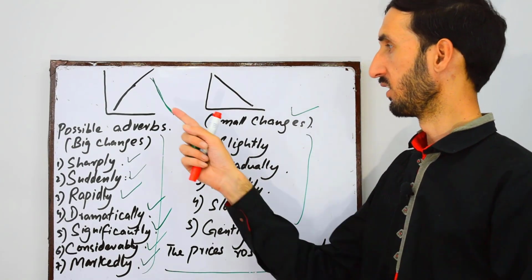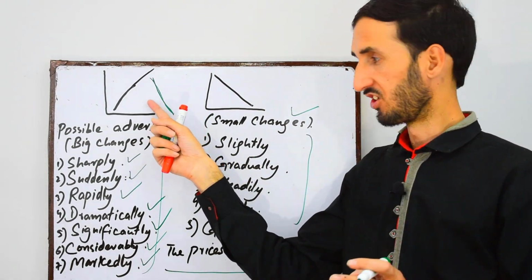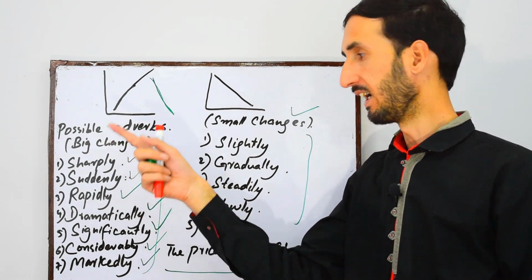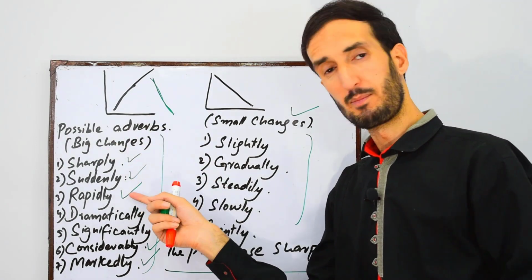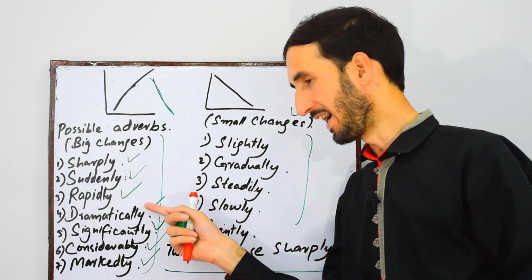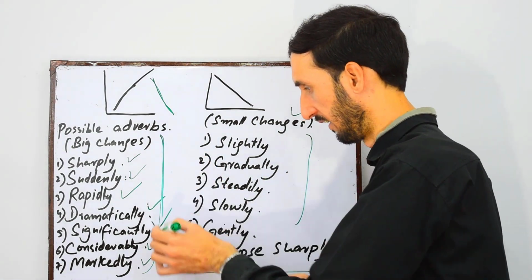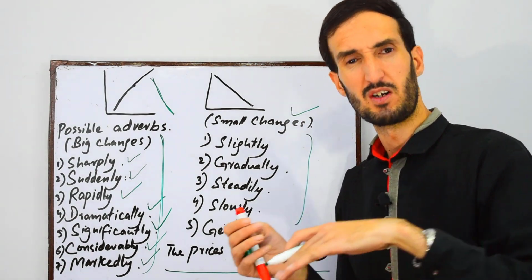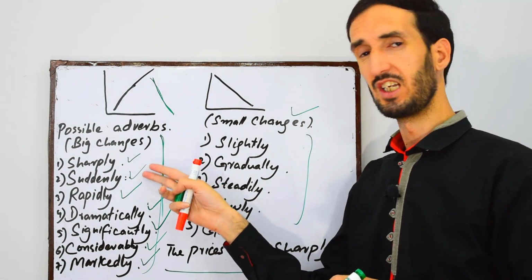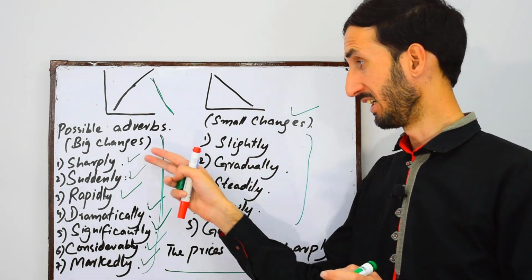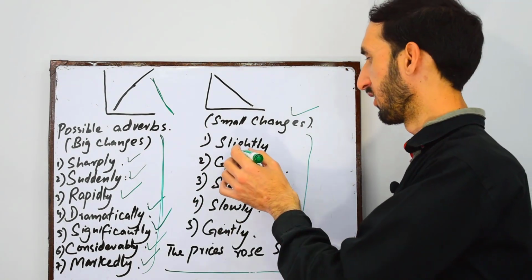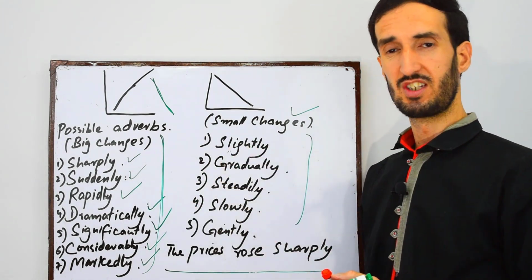So then you can use the prices decreased sharply, or suddenly, or rapidly, or dramatically, or significantly. You can use any word from here. If the line comes down but very quickly, use these words if you think that there is a big change. Now the next, for the small changes, we use these words.